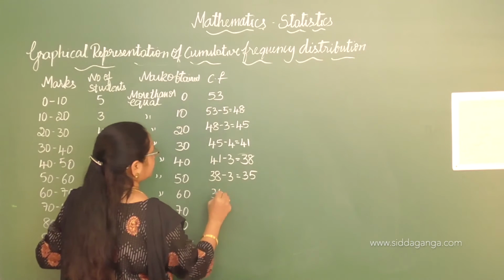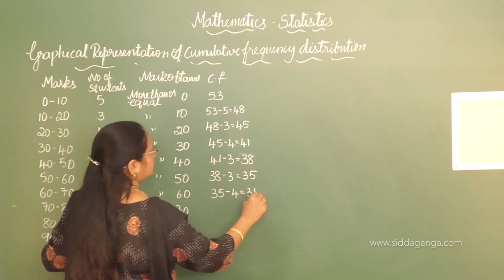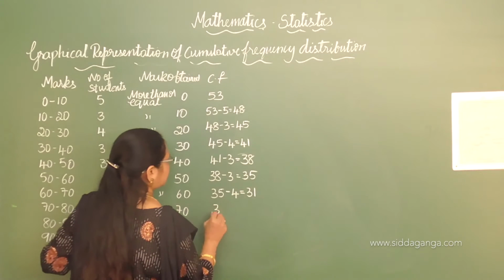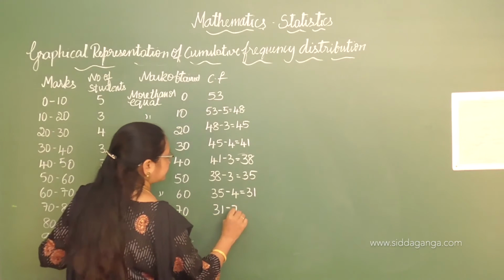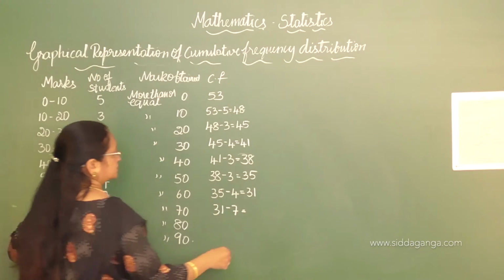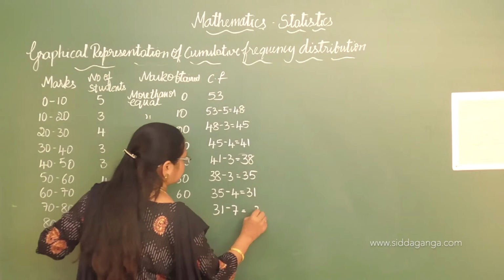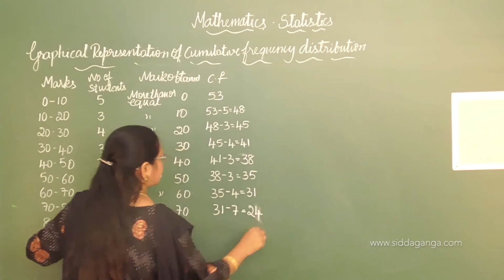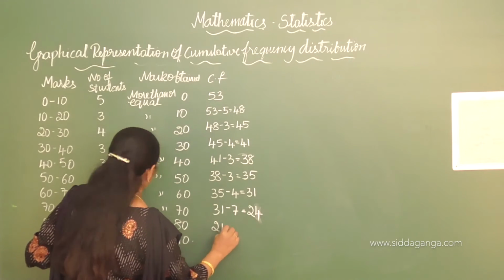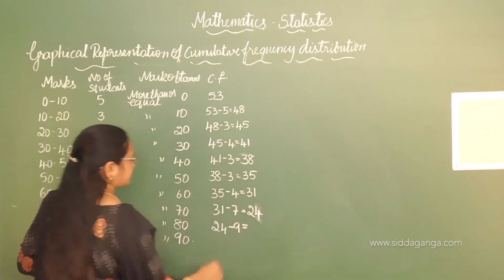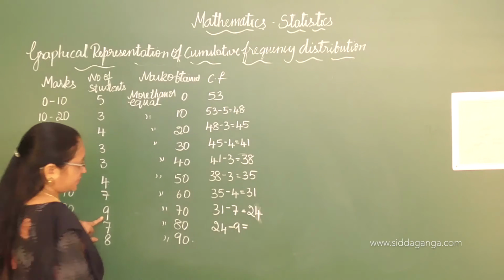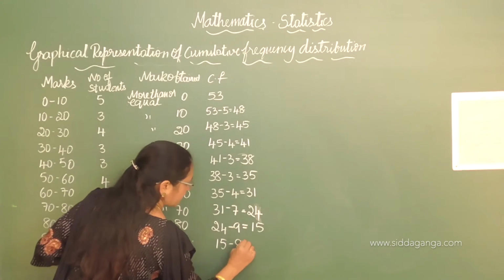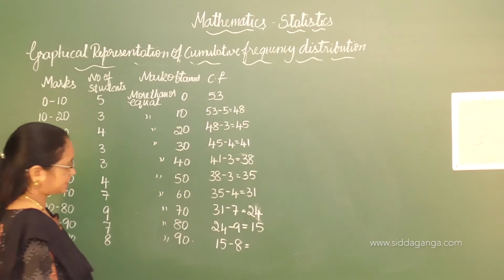Again, 35 minus 4, 31. Next, 31 minus 7, 24. Next, 24 minus 9, 15. Next, 15 minus 8.